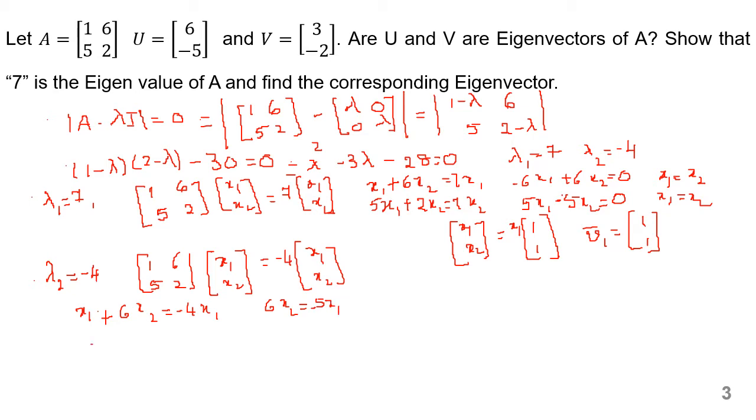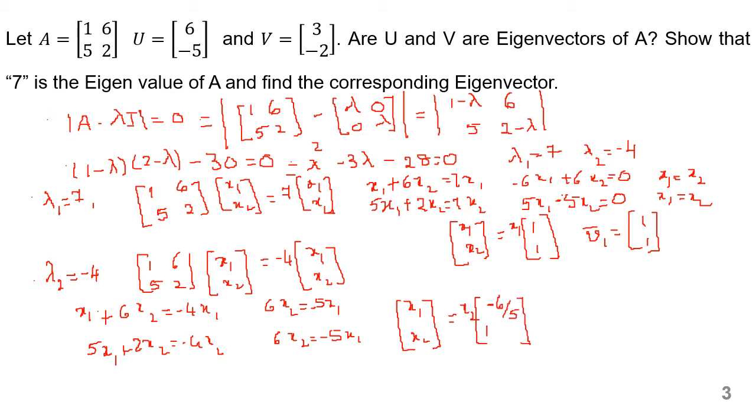The second equation, 5x1 plus 2x2 is equal to minus 4x2, also gives 6x2 is equal to minus 5x1. If I take the value of x2 equal to 1, then x1 is minus 6 by 5.